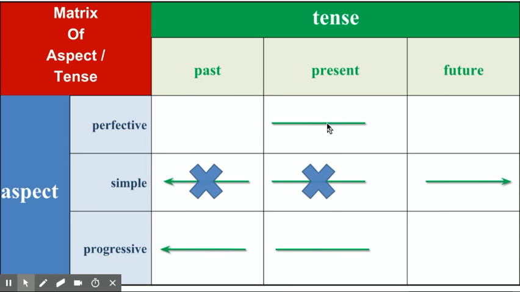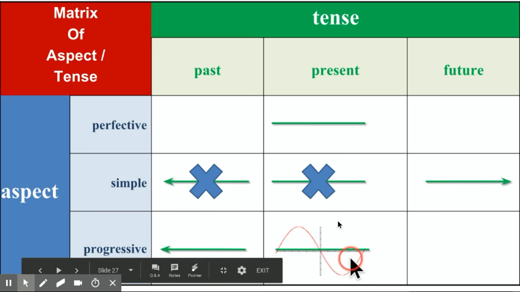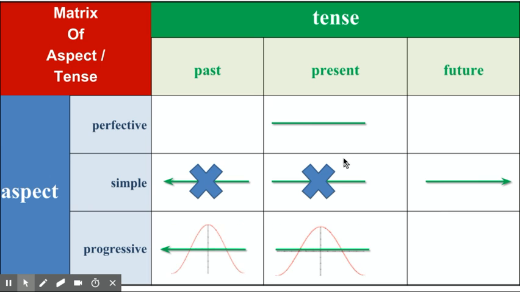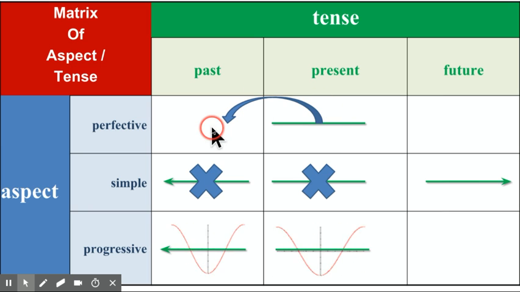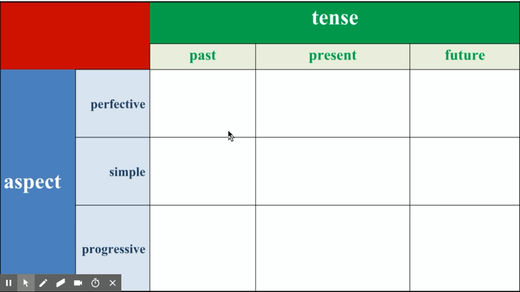Present tense, simple aspect, would be just simply it happens. I send, I sent. Progressive present, I am sending. Progressive past, I was sending. And perfective present, I have sent. I am in the state of having sent. I have eaten. I'm still full.